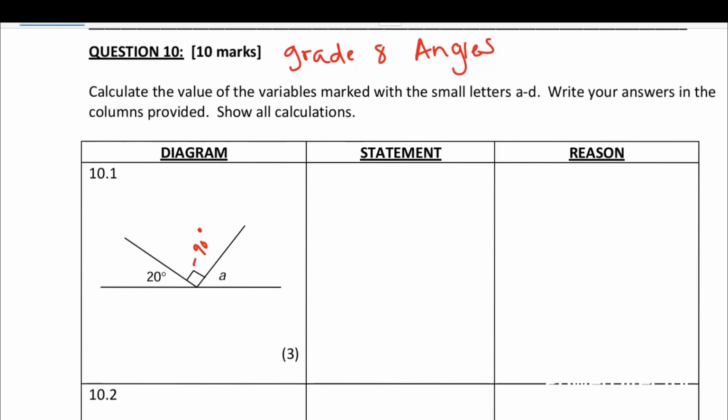So the angles on a straight line equal 180. The statement is going to be A plus 90 degrees plus 20 degrees equals 180. So we are solving for A in this instance.